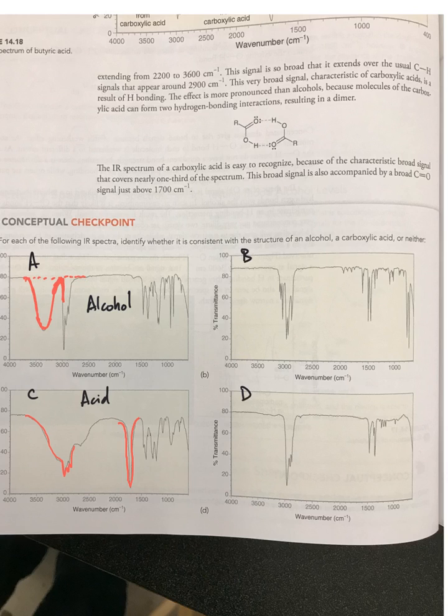So how do you know if something's an ester? If you had to differentiate between an alcohol, an acid, and an ester, what are some things you would look for? Yeah. Doesn't an ester have 2 peaks in the carbonyl, kind of like, or no? What functional group has 2 peaks in the carbonyl region?